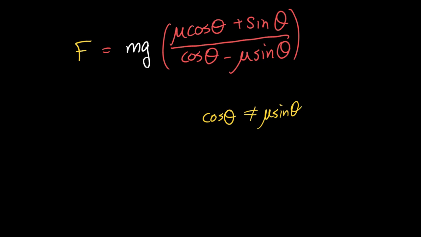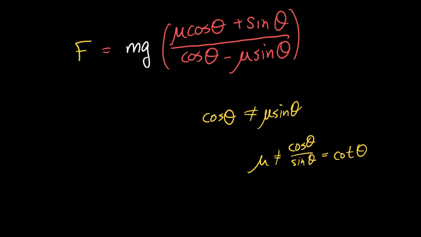In fact, I see a question where they ask something about, what is an uncertain or impossible circumstance? And the impossible circumstance is that mu can't equal cosine theta over sine theta. In fact, this is cotangent.